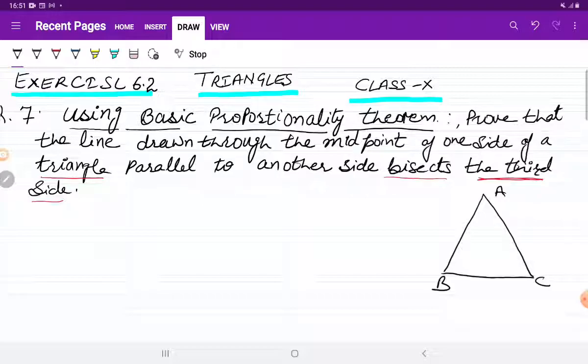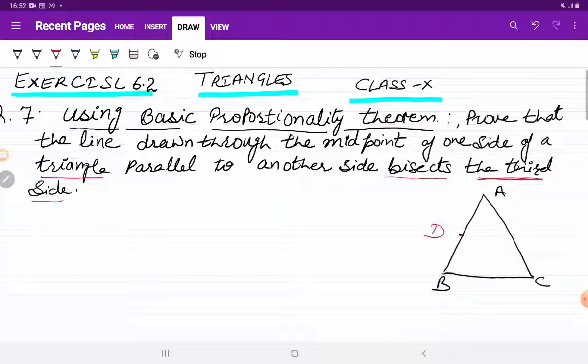Now again, the line drawn through the midpoint of one side of a triangle, meaning to say one midpoint is here. That is, I have one midpoint on line AB, that is point D. This point D is the midpoint of side AB.